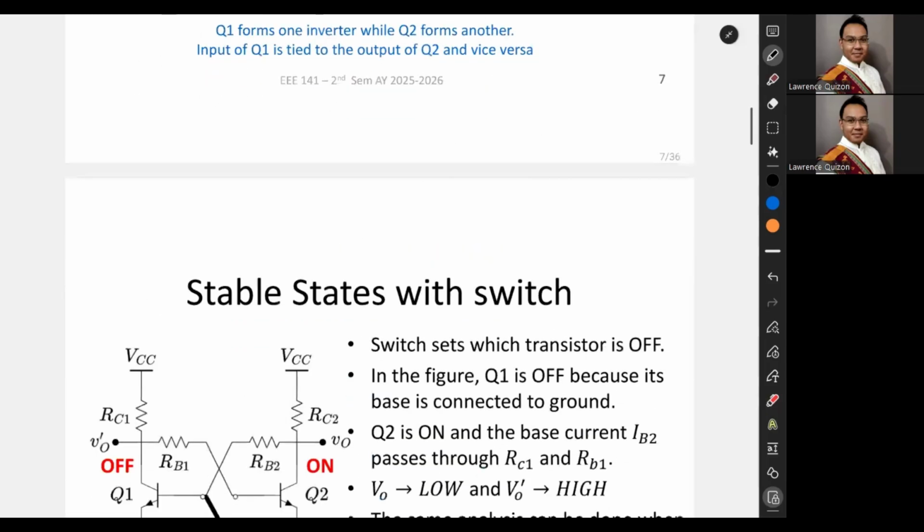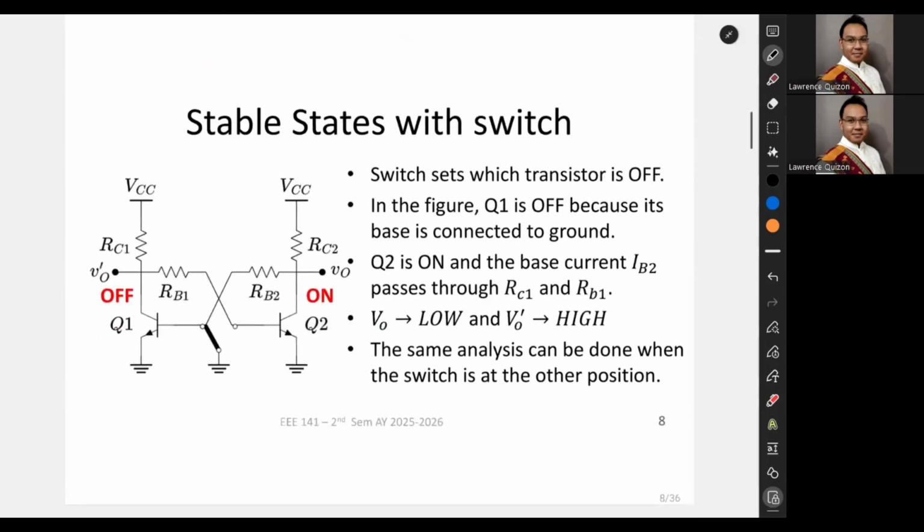So let's see how these stable states work. Let's say, for example, that Q1 was off. Then the voltage at the top should be nearly VCC. This flows into the base of Q2, essentially turning it on.